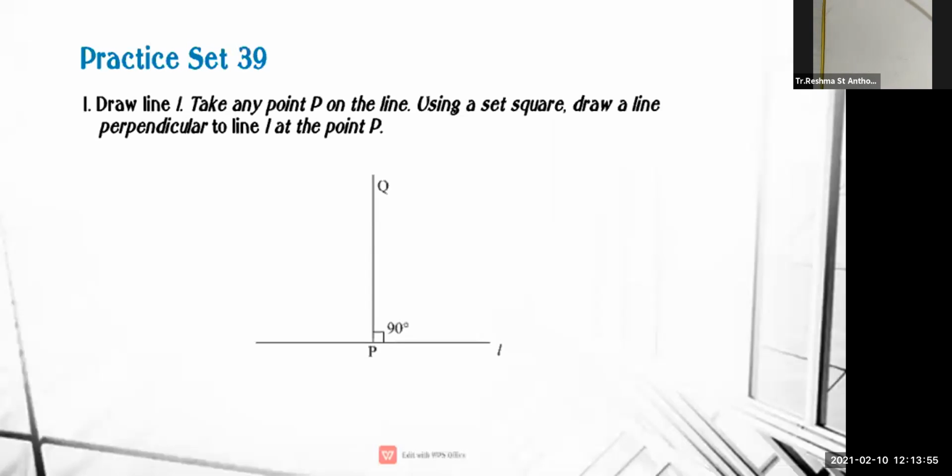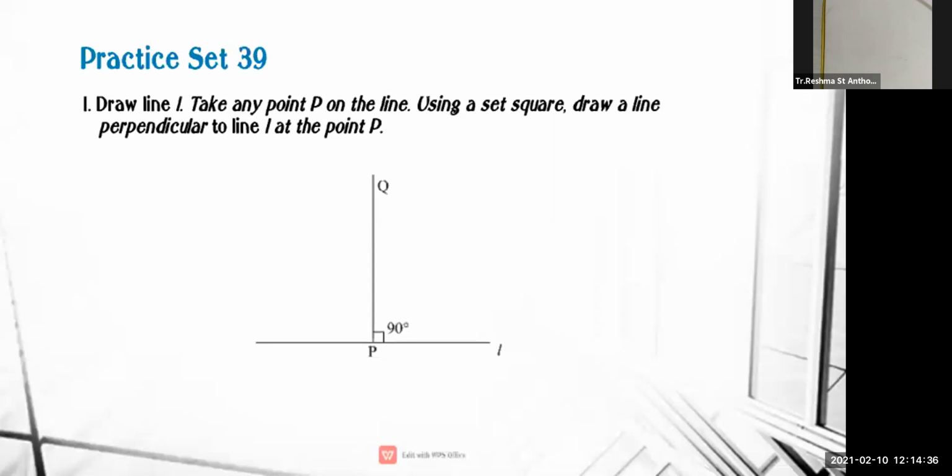Now the first question of practice set 39. Draw line L, take any point P on the line, and using a set square, draw a line perpendicular to line L at the point P. First, you have to draw a line and the name of that line should be L. Then you have to take any point P on the line, anywhere.